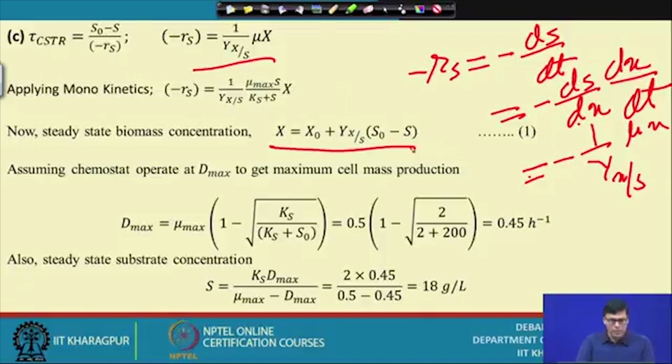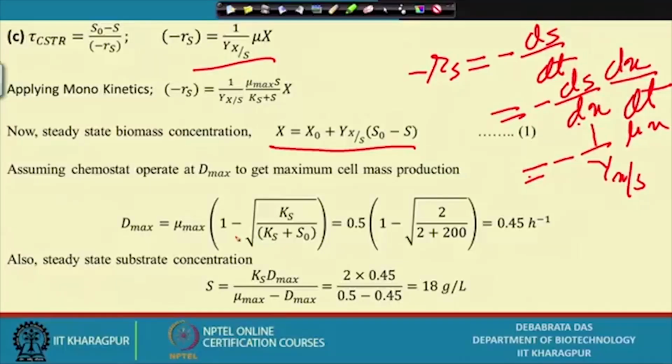Now, the question comes, what is the maximum cell productivity? Maximum cell productivity means that we know there is a situation called D max. What is D max? D max is the dilution rate at which you will get the maximum rate of cell mass production. Am I right? So, we shall first find out the D max, then find out the cell mass concentration at D max. So, if you multiply D with X, then you will get the maximum cell mass productivity.